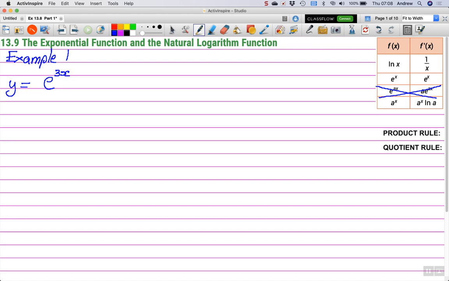First of all, I'm going to use the same technique that we used in the previous lesson for the inverse trigonometric functions. I'm going to quote what the formula is.